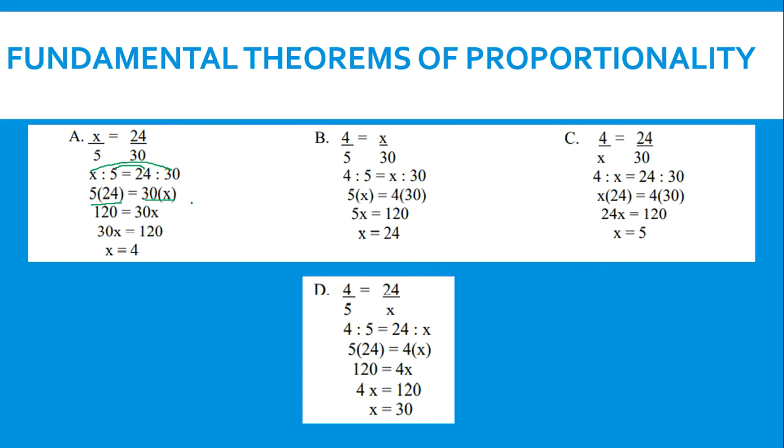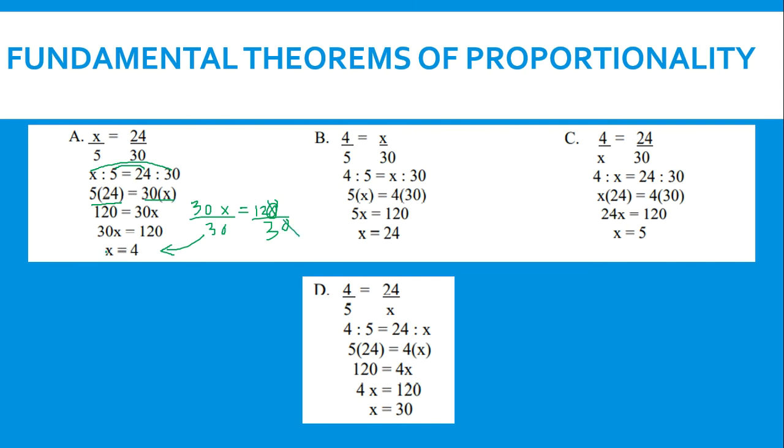Then interchange, so 30x equals 120. Divide both sides by 30, so 30x over 30, and 120 over 30. 120 divided by 30, cross cancel the zeros, becomes 12 over 3, so that is 4.